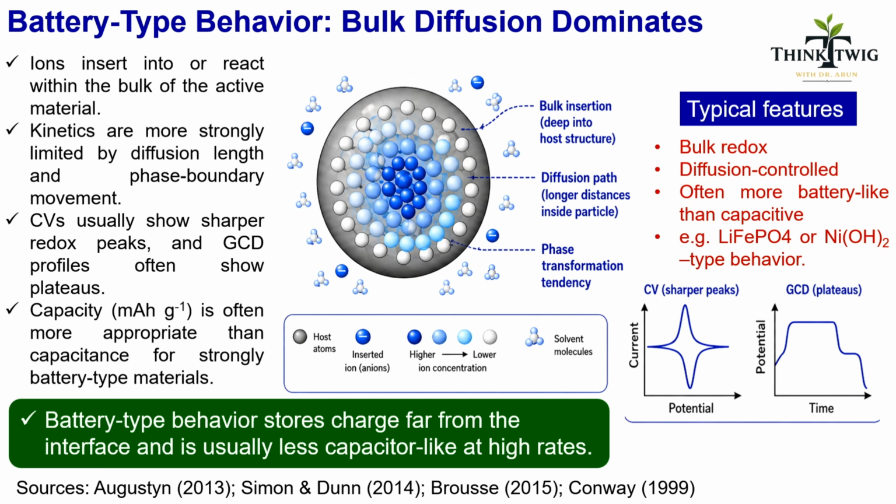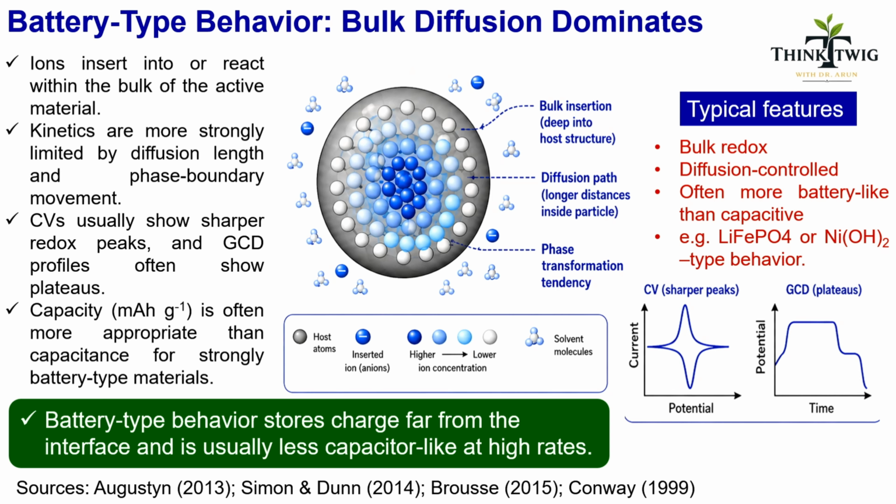A plateau means that over part of the charge and discharge process, the voltage changes relatively slowly while significant charge is transferred. The important practical point on this slide concerns the metric. When behavior becomes strongly battery-like, reporting everything simply as a capacitance can become misleading.